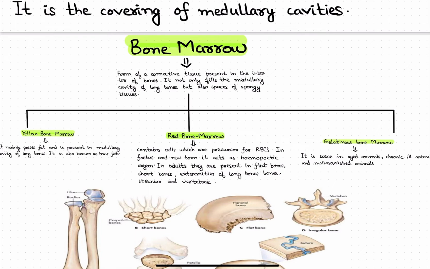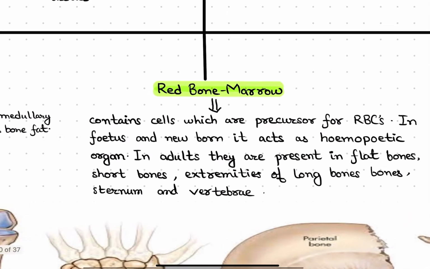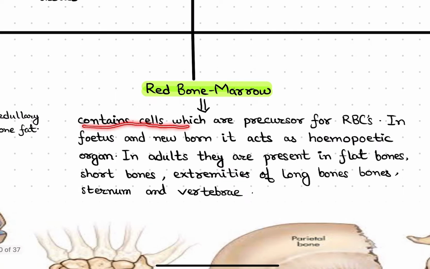The first one is red bone marrow. Why am I discussing this red bone marrow? First, because it's an important thing. Red bone marrow contains cells which are precursors for RBC. That means the region where red bone marrow is present, in that particular region there is more production of RBCs.